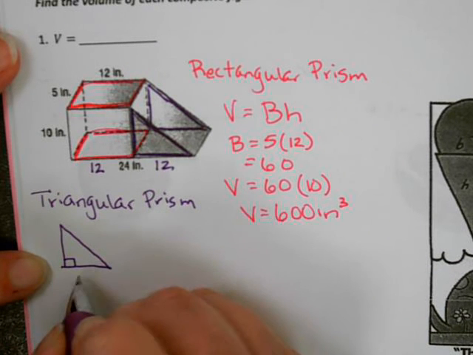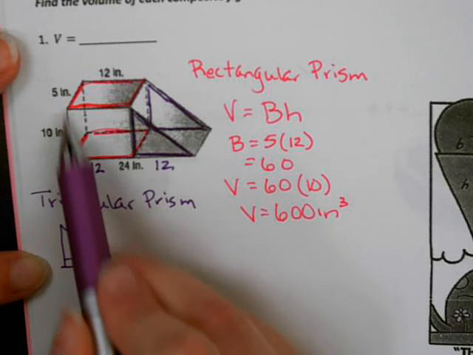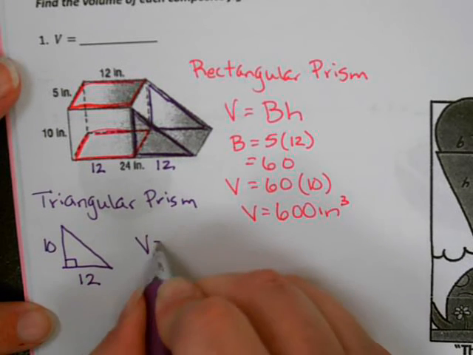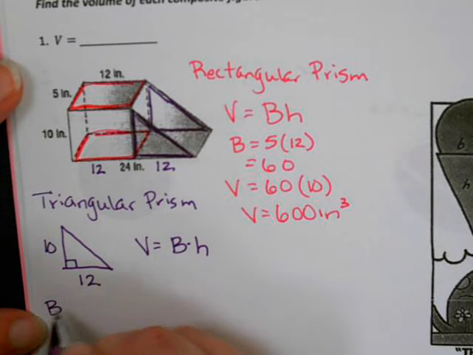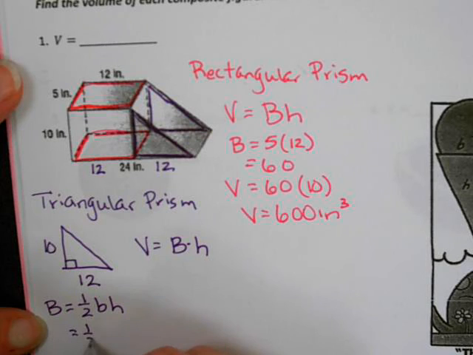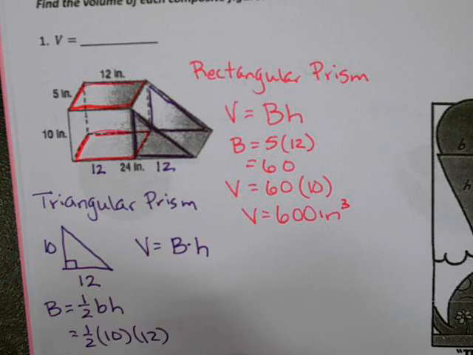We just decided that that was 12, and the height here is the same as the height of this prism, which is 10. So we need the volume to be area of the base times the height. The base is a triangle, so 1/2 base times height, which means 1/2 of 10 times 12. So we get that area to be 60.